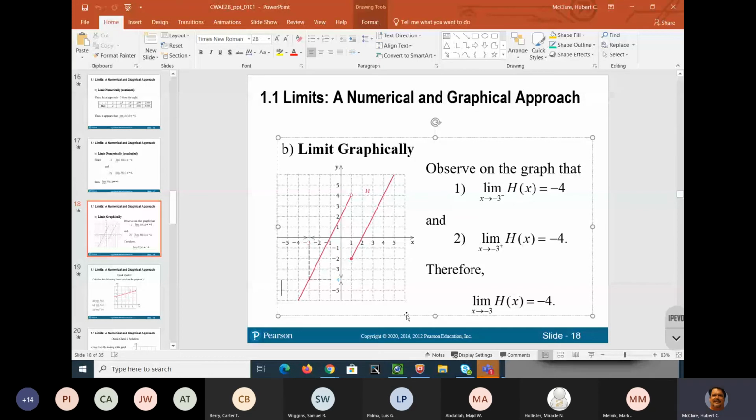Does that help answer your question? Yes, it does. That's what you should focus on. And you should focus on, if I'm approaching from the left and the right, what is my y? In this case, it would be -4. So the limit exists. The limit is -4.